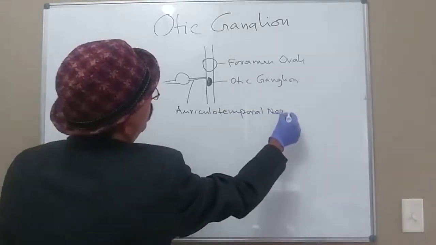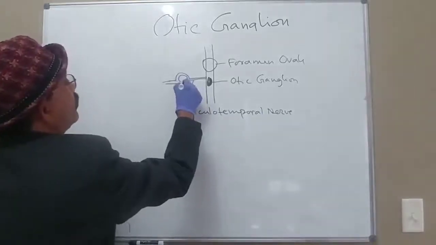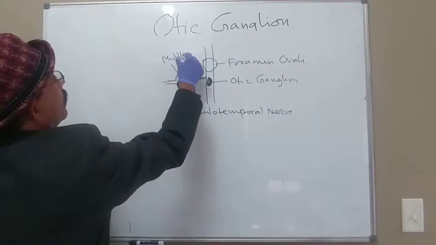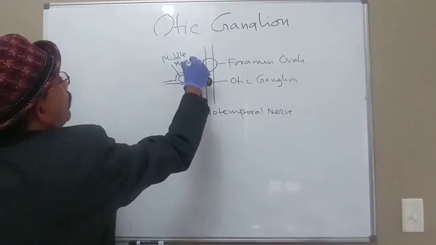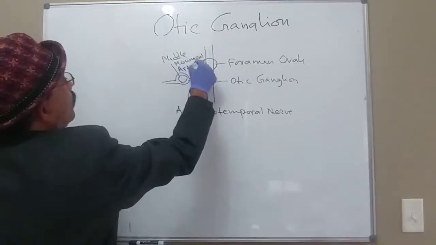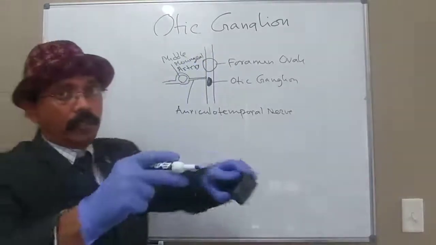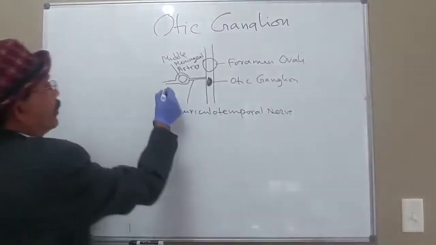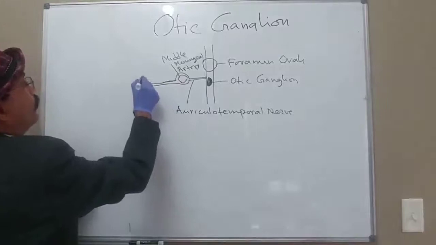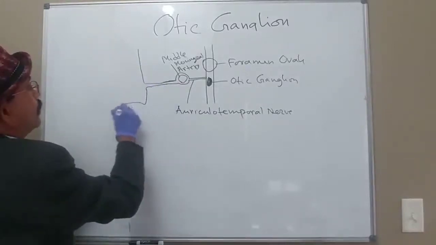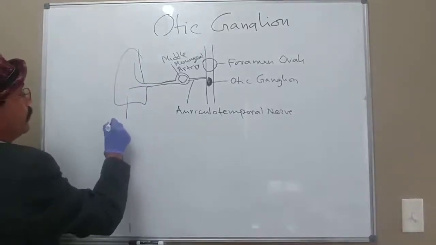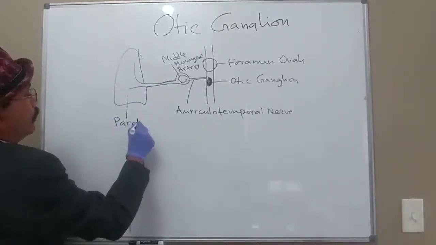Here we get the middle meningeal artery. It is encircled by the auriculotemporal nerve. Then it will reunite here. Then the auriculotemporal nerve will innervate the parotid gland. Here is the parotid gland.